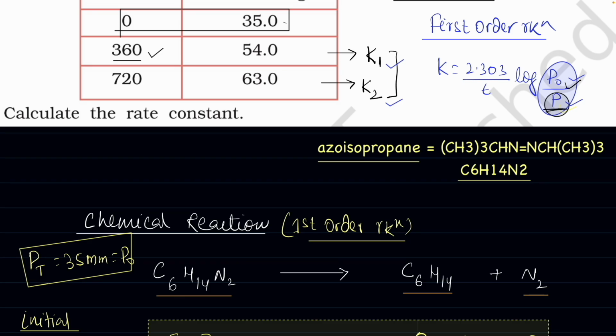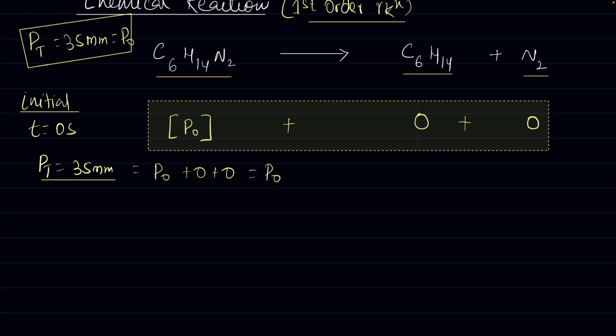For this we are going to use the second relation. Based on this relation, when the time T is equal to 360 seconds, the total pressure is equal to 54 mm. When the reaction has progressed, there will be a certain loss of pressure of the reactant.